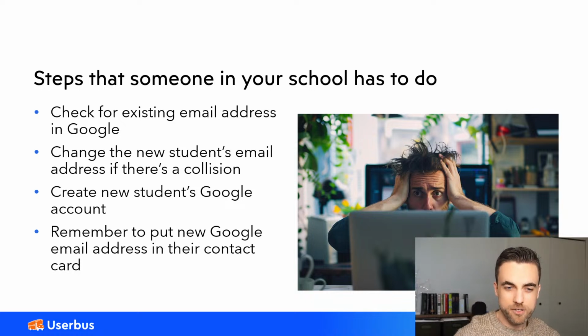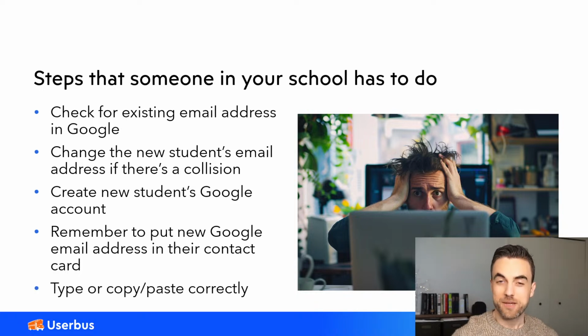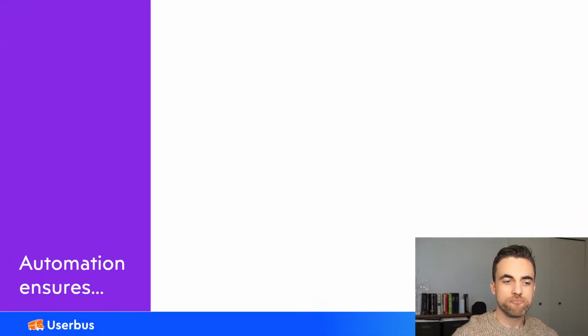Then you have to remember to put their Google email address in their contact card in Blackbaud. And you have to type and copy or paste correctly. So, like I say, the first few steps are often automated for schools, but the last two, I don't believe there's any other sync solution that has those automated right now except UserBus. So that's what this is about, but also kind of just the general flow of how you would do this.